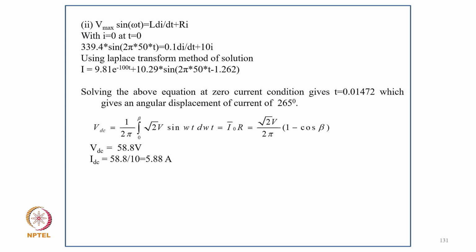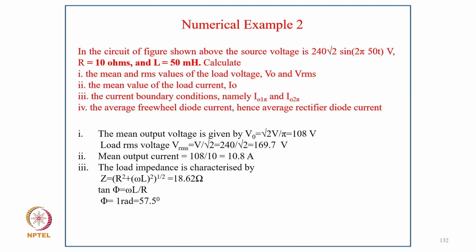So solving the above equation, the zero current condition gives t equal to 0.0146 second, which gives an angular displacement beta of 265 degree, and VDC equal to 1 upon 2 pi integral 0 to beta of root 2 V sin omega t d omega t, or V0 equal to root 2 V upon 2 pi into 1 minus cos beta. So VDC is 58.8 volt and IDC is 58.8 divided by 10, that is 5.88 ampere.